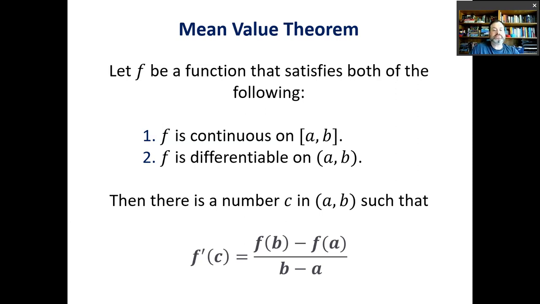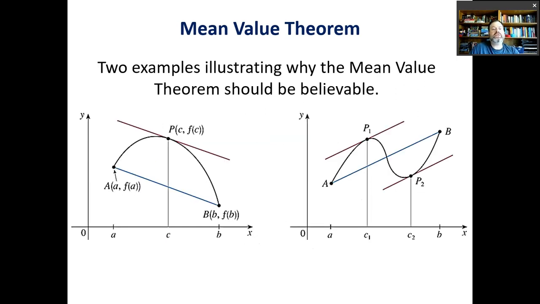So what does that look like? Well, these graphs, again, show us why it's believable, and they show us what's going on, right? Here's A, here's B. So here's your secant line. So somewhere between these endpoints, there is a tangent line where the slope of the tangent line is the same as the slope of the secant line here.